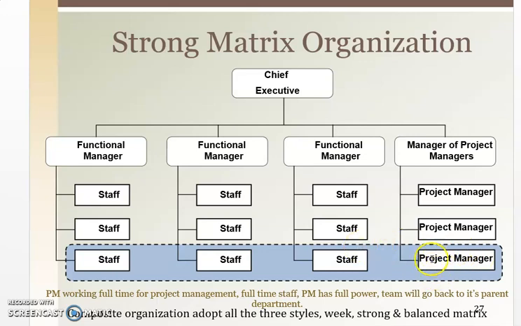The project manager has full power, and immediately after completing the project, the team will go back to their own parent departments. A composite organization adopts all the three styles: weak, strong and balanced matrix. That is the case of composite organizations.